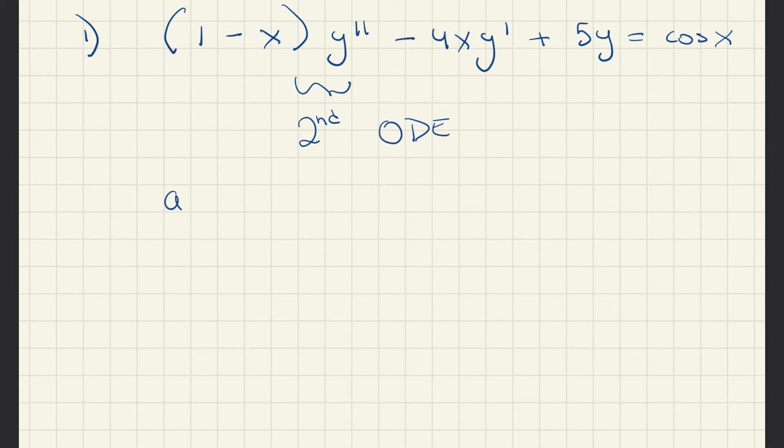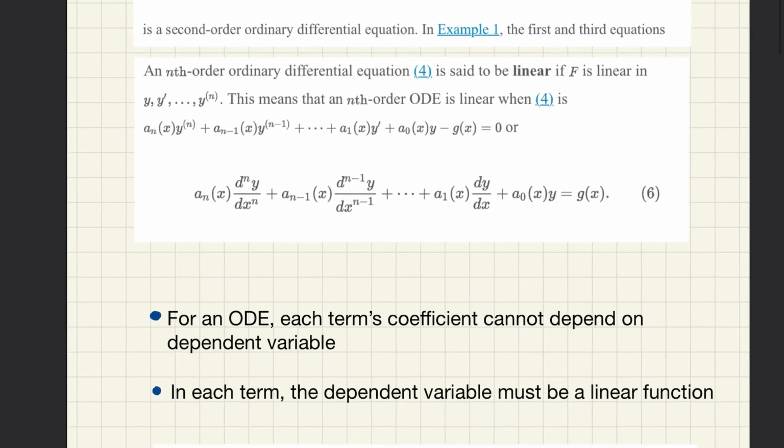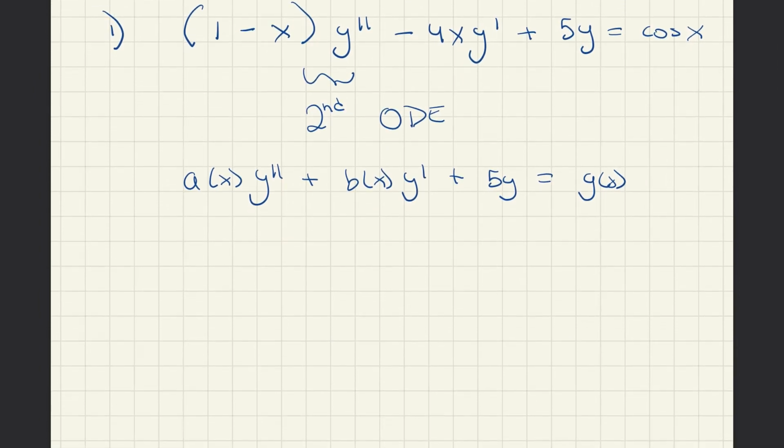We can say that 1 minus x is a of x, y double prime plus b of x, y prime, plus 5y is equal to g of x. As we can see, this form is linear because of the examples that I have above. So this ordinary differential equation is second order as well as linear.